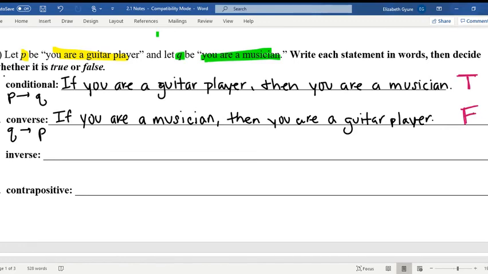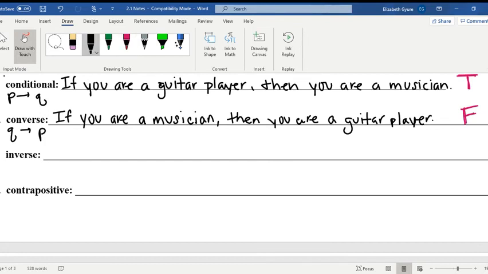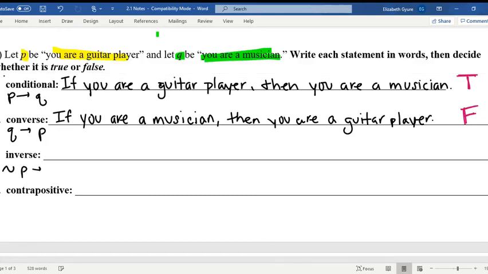Then inverse, look back up at your chart. Inverse is the negation of our original statement. So not P, then not Q. Remember, the squiggles mean not. So we're just going to take our original statement that we wrote and negate it, put nots in it.